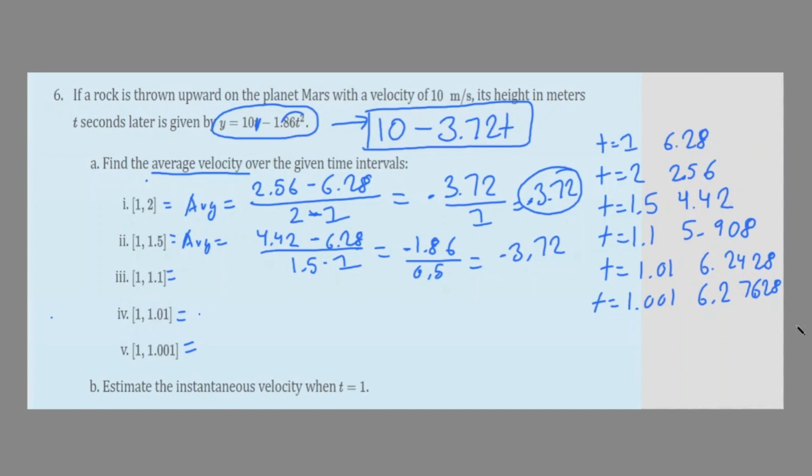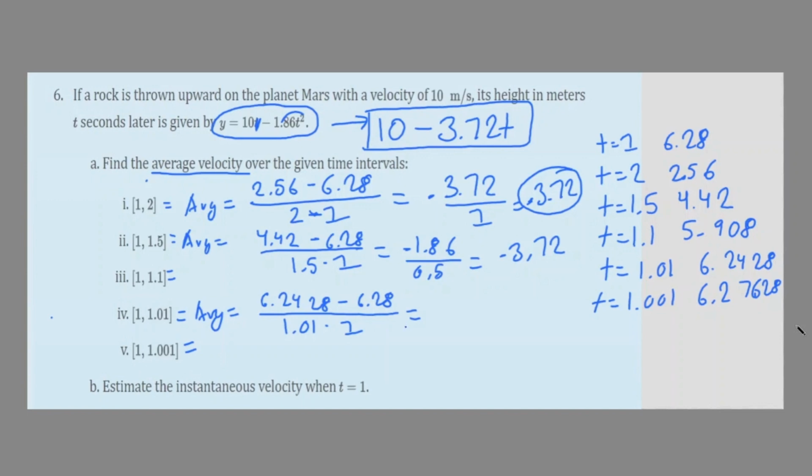Let's skip to 4 real quick. So let's find the average velocity for this. So it's 6.2428 minus 6.28. And then on the denominator it would be 1.01 minus 1.